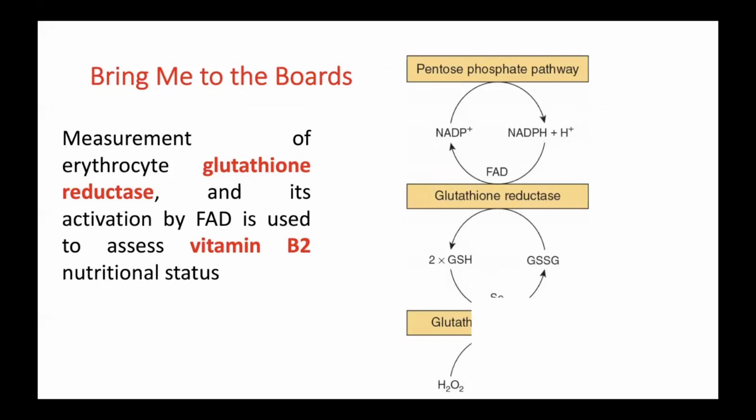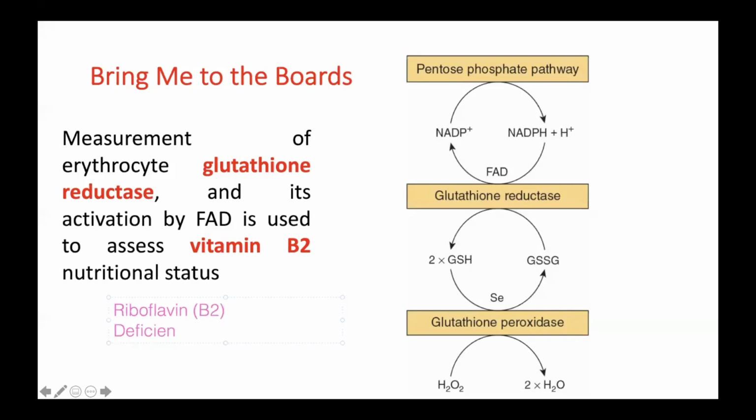Now, bring this to the boards. Measurement of the RBC levels of glutathione reductase is utilized to assess vitamin B2 nutritional status. Please take note of this. I'd like to add riboflavin, or vitamin B2.